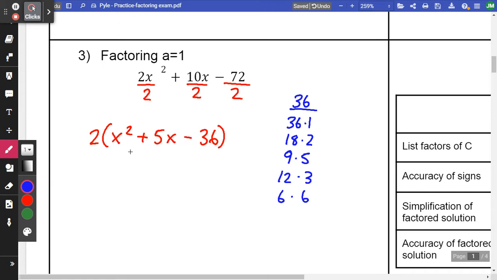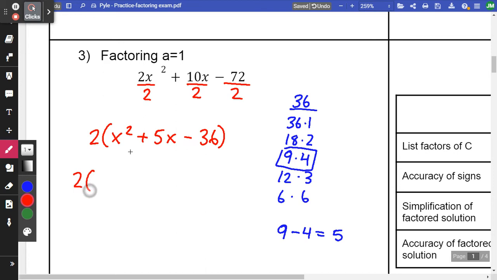I believe these are all of them. Now, out of all these, which of these add up to 5 in some way? That's going to be 9 times 4. If we make 9 positive and make the 4 negative, we have positive 5.